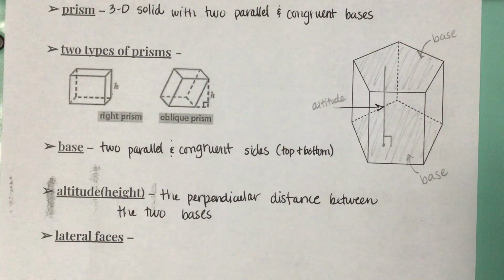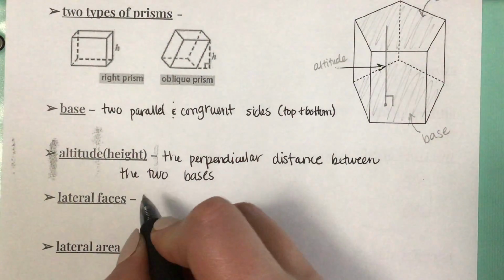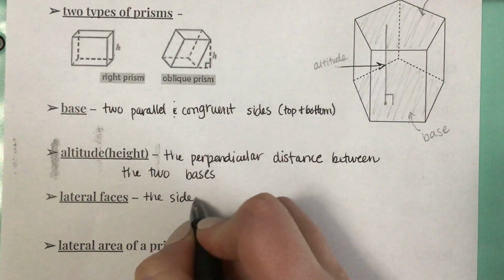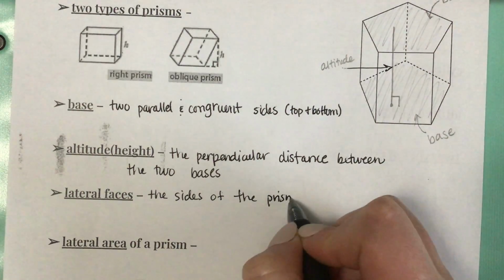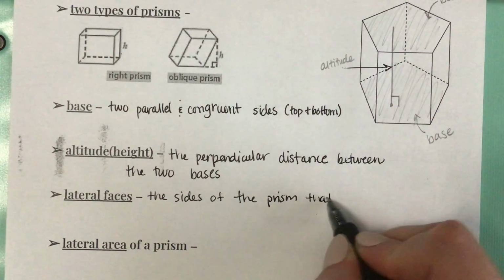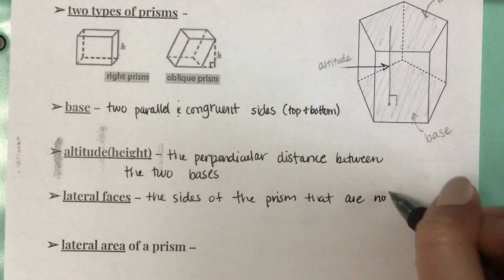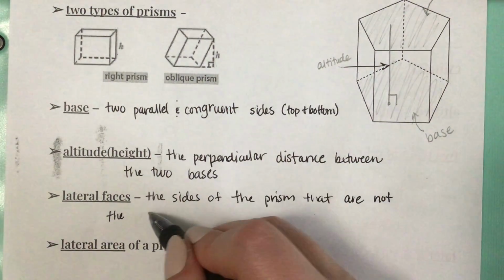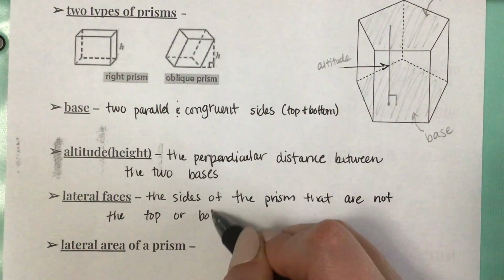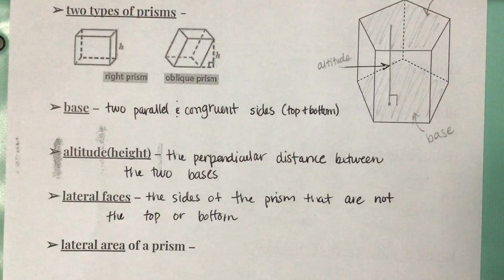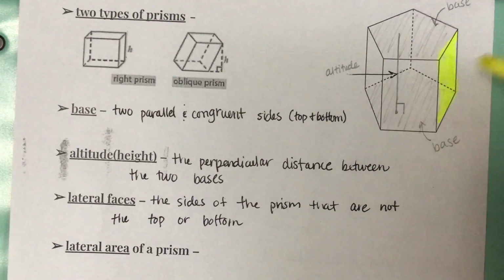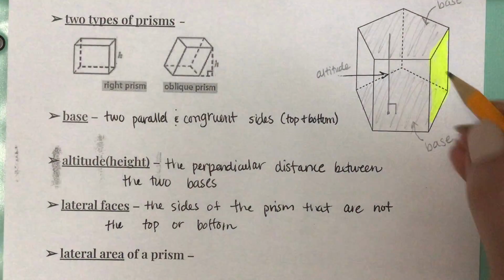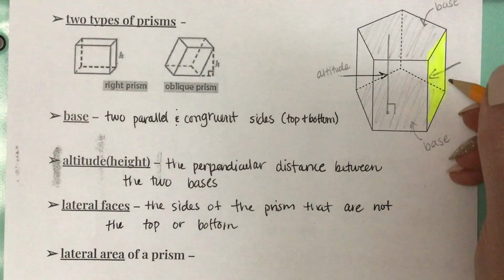The lateral faces are the sides of the prism that are not the top or bottom. So looking at our image yet again, I'll highlight this one. This is just one example of a lateral face. This has many lateral faces, but this is one example of it.